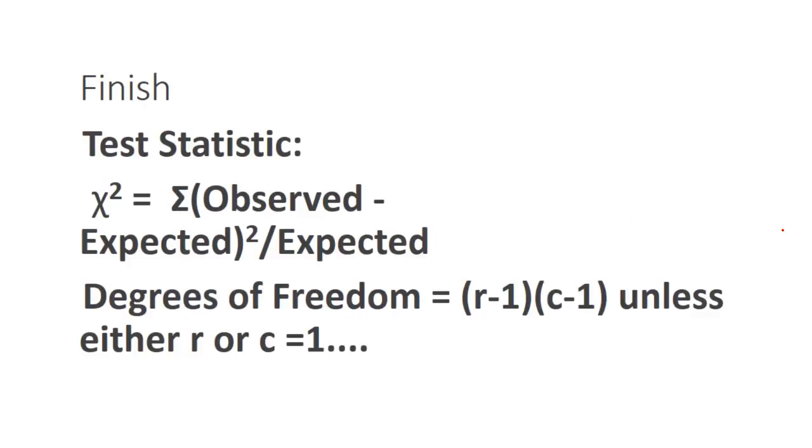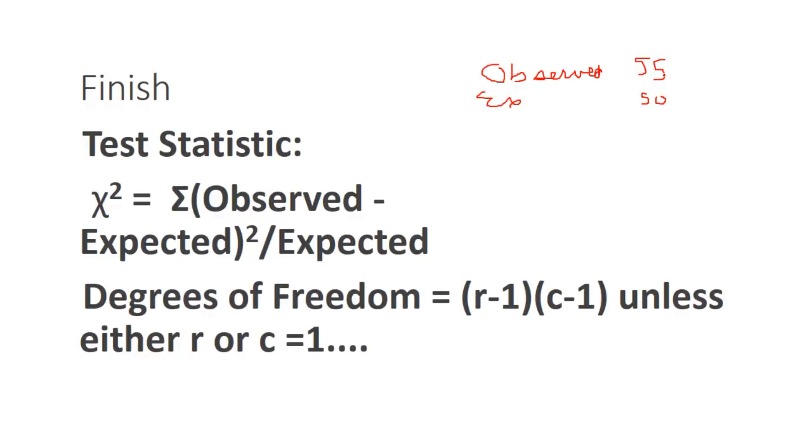So we're going to create a test statistic. And the test statistic for the chi-square is the sum of observed minus expected squared over expected. What does that mean? Well, I observed 55 heads. I expected 50.